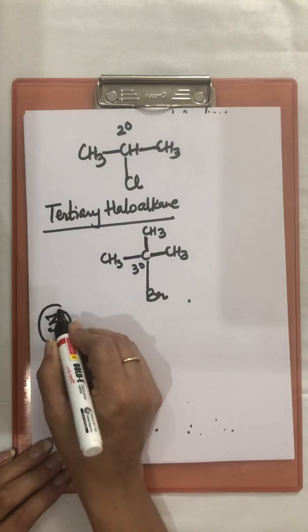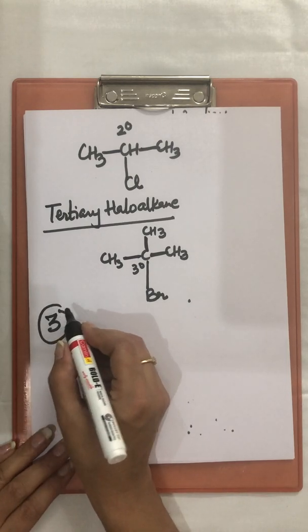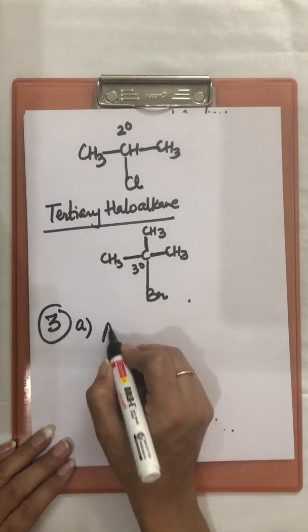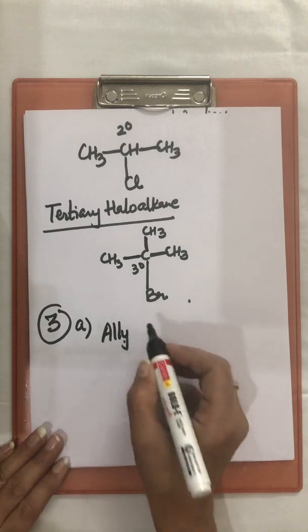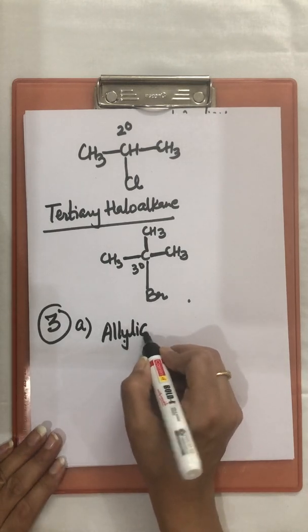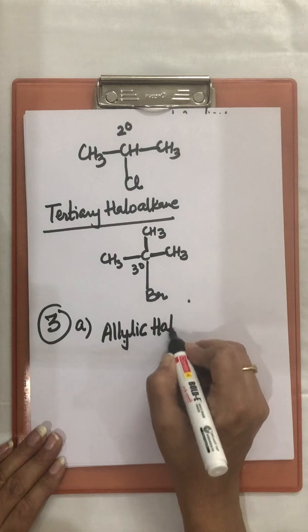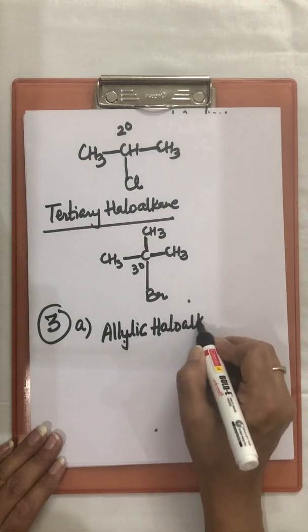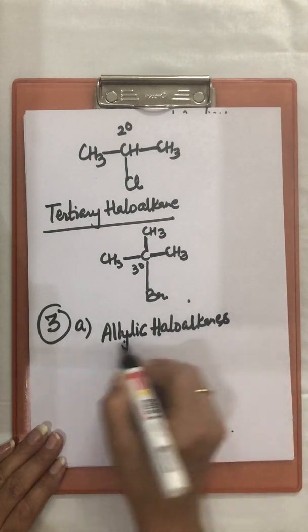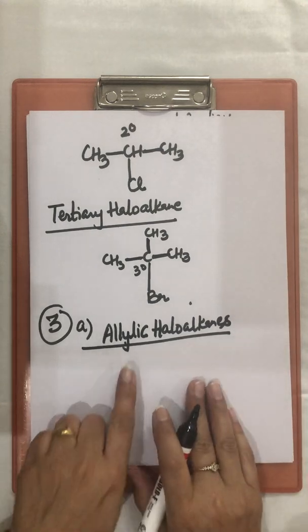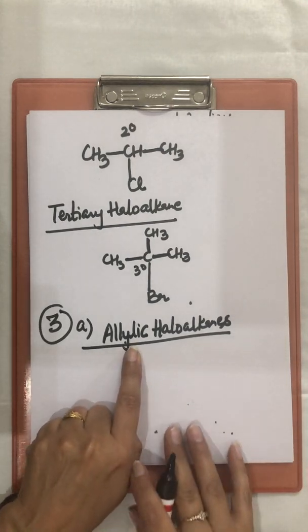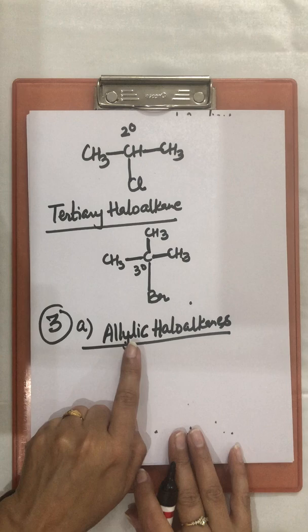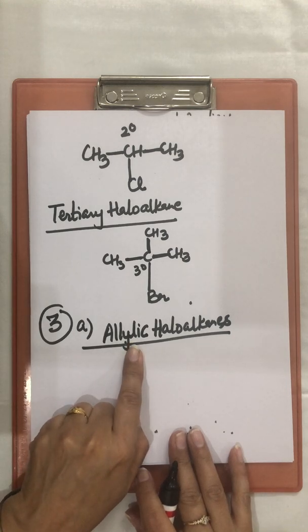Now the third type of classification here is allylic haloalkanes. To know what are allylic haloalkanes, first of all we should know what is allylic carbon atom.